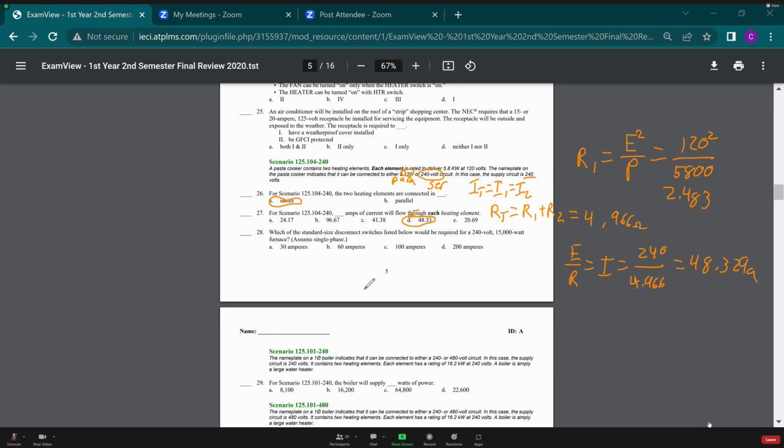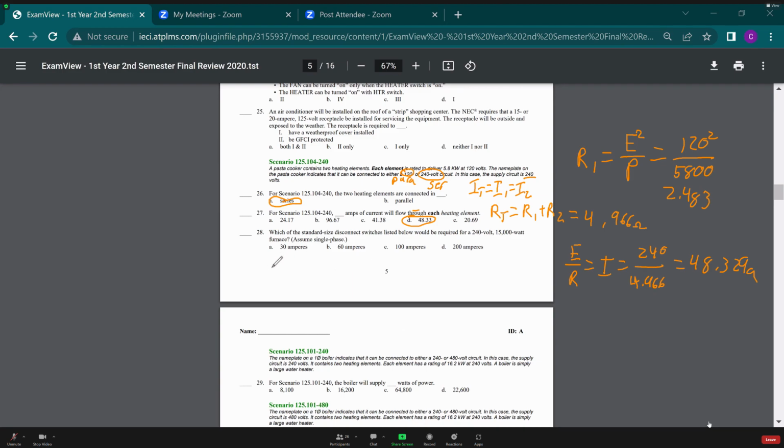All right, popping over to number 28 here. Number 28 is asking which of the standard size disconnect switches listed below would be required for a 240 volt, 15,000 watt furnace. Assume single phase. So if we're just doing a regular disconnect switch here, they're rated in amps.